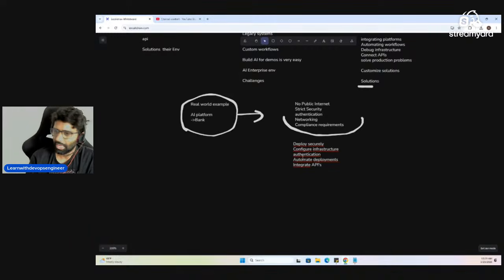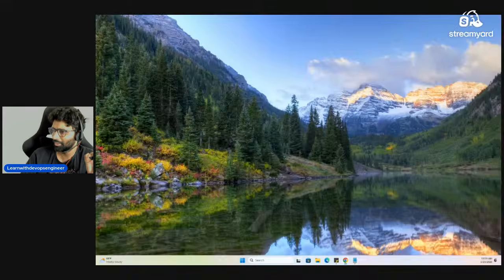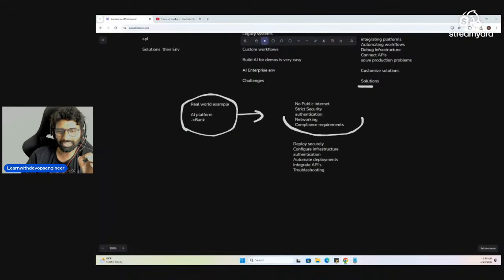Again, troubleshooting. This part will not go anywhere, guys. I'm not sure how many of you follow me for this particular skill, but I try to show the majority of it. Troubleshooting is going to stay even if AI is there. And if AI is not there, this skill combined with AI is an excellent skill.